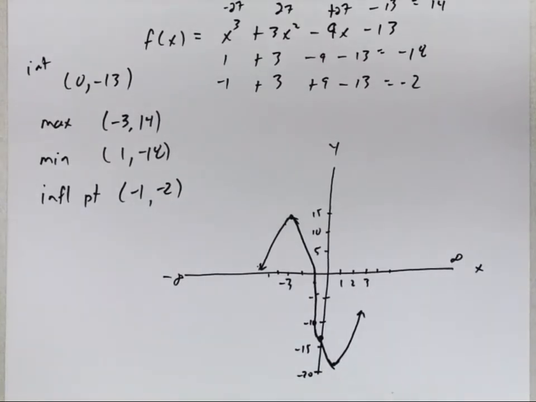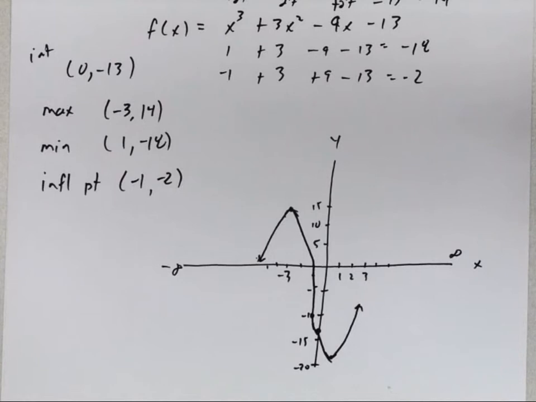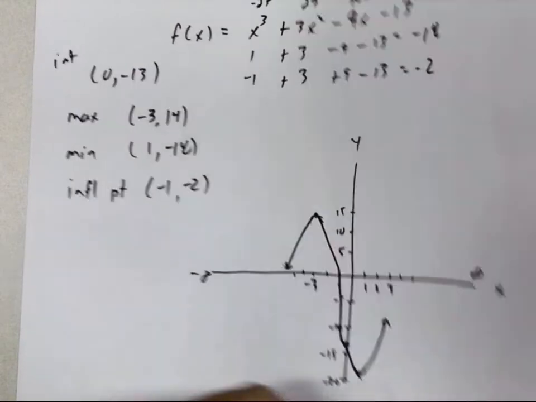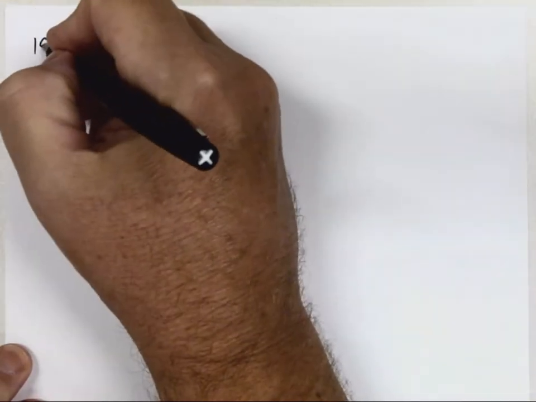All right, let's do one more. We'll go ahead and do 19. Maybe I'll start with a fresh sheet of paper, because these take up a lot of space. So here's 19.